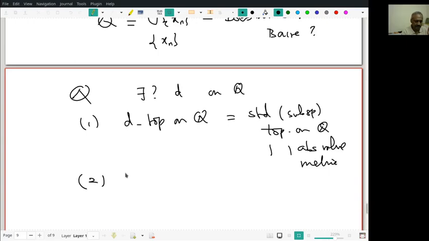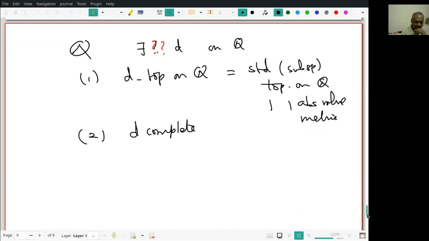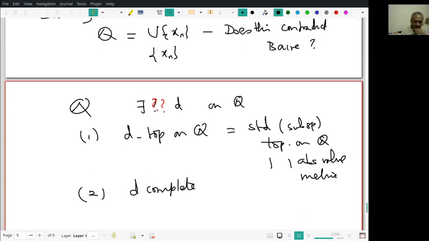The second thing I am demanding on D is that it is complete. So the question is, does there exist such a metric? What is your answer? Think about it. Can I imitate this argument?